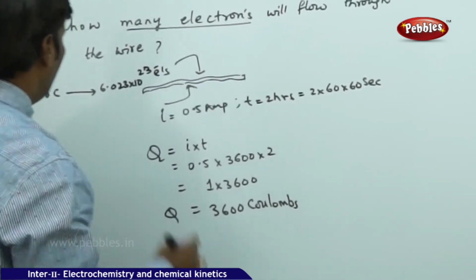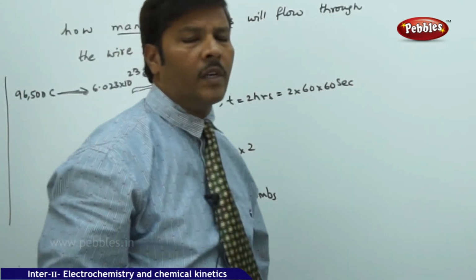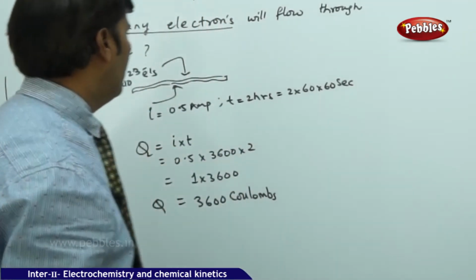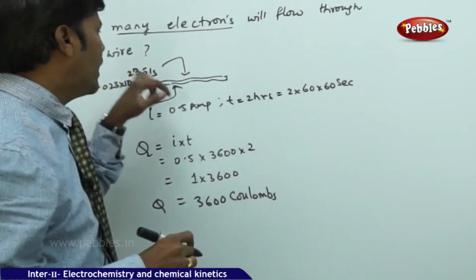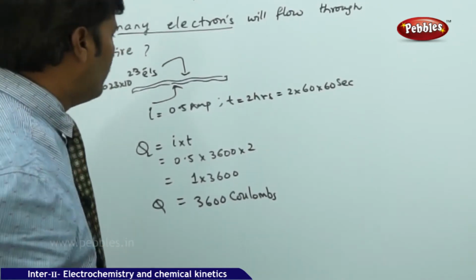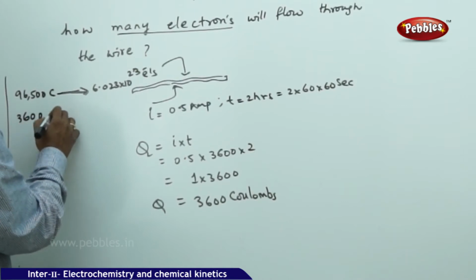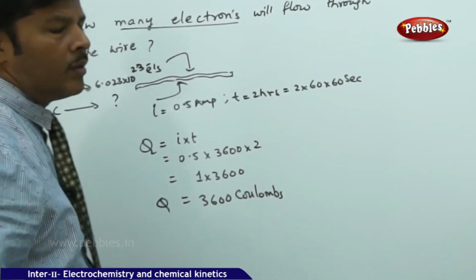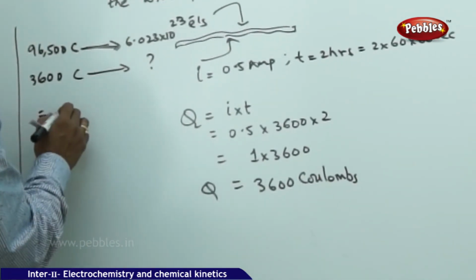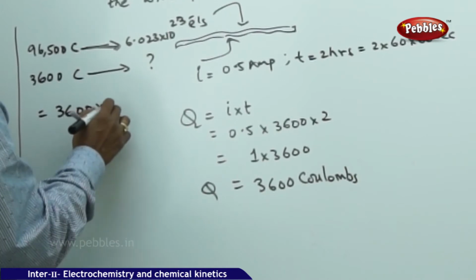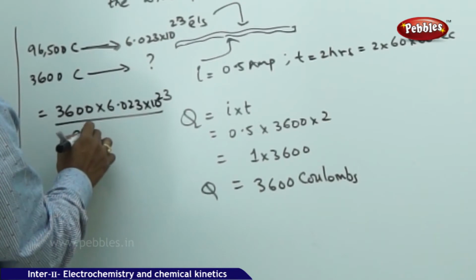This is a sequence which we have to follow. For every 96,500 coulombs of electricity we pass into the metallic conducting wire, Avogadro's number of electrons will flow through the wire. But now we have only 3600 coulombs, so how many electrons will flow? This step becomes 3600 into 6.023 into 10 to the power of 23 divided by 96,500.